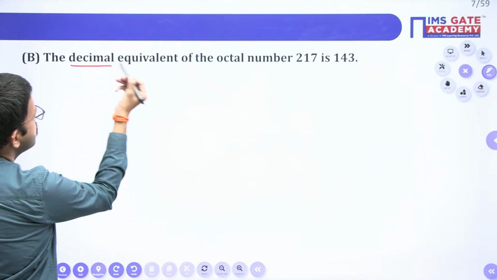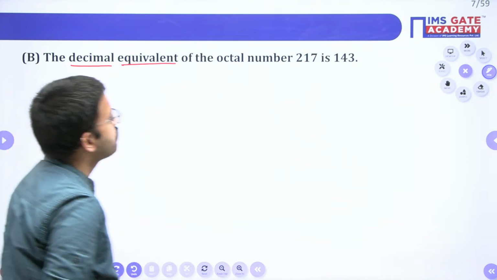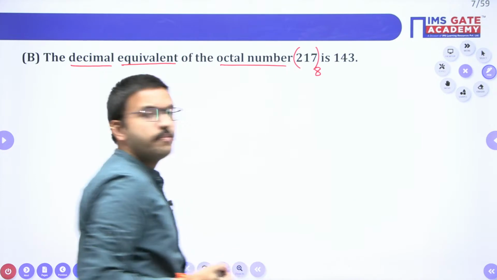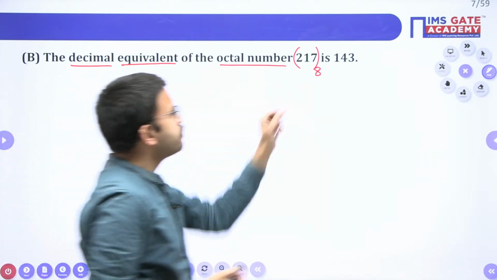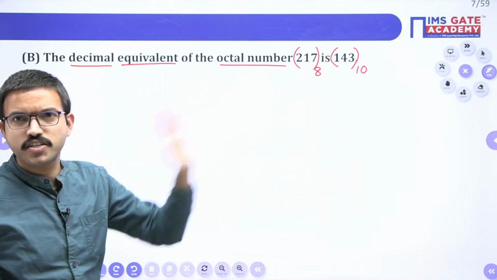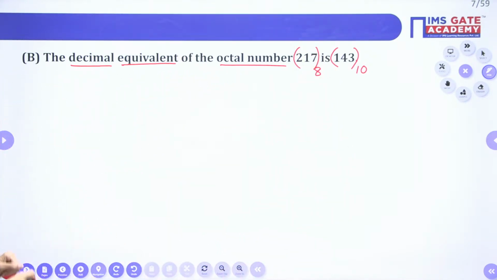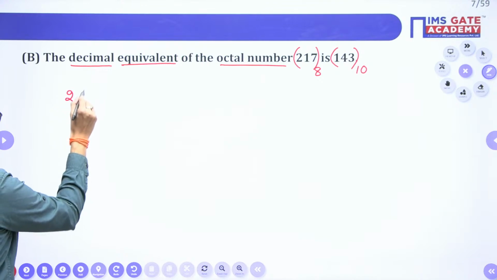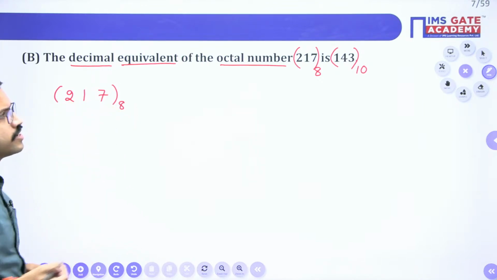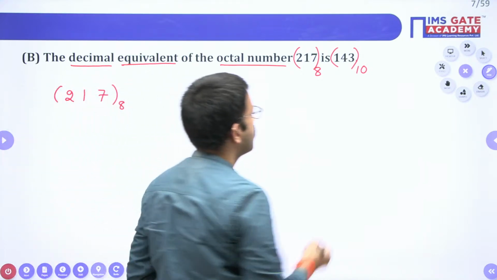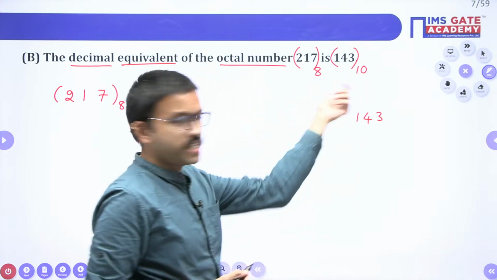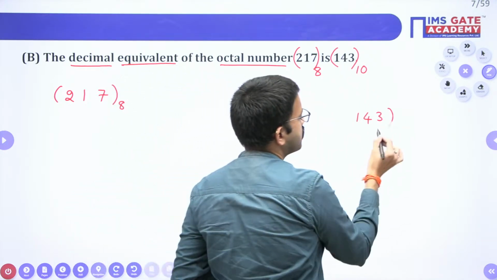Here they are asking the decimal equivalent of the octal number. That means the given number is octal, and the corresponding decimal number they have given is 143. Whether it is correct or not, let us see. Before solving this question, say for example 143 is the decimal number they have given.